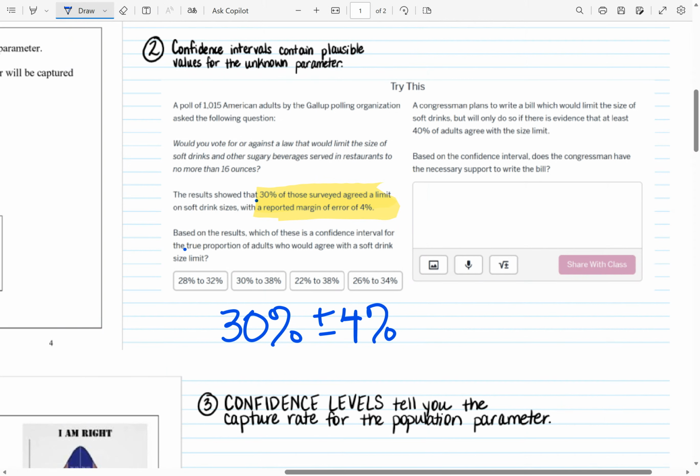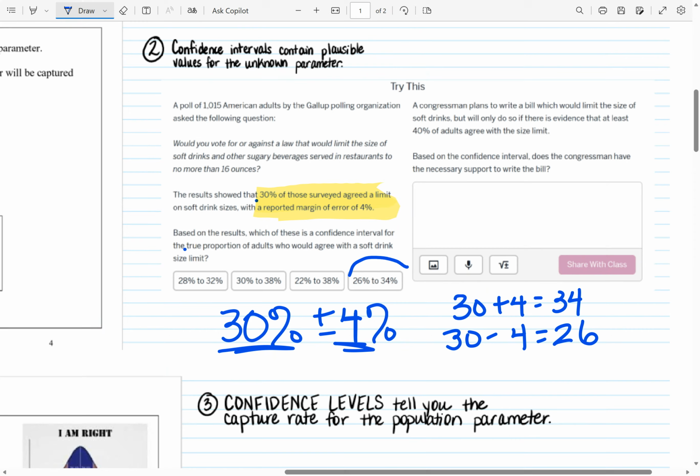Okay, so then it says based on the results, which is the confidence interval. So we're going to take this 30 and add 4% and subtract 4%. So 30 plus 4% equals 34, and 30 minus the 4% is 26. So our confidence interval is 26 to 34%.